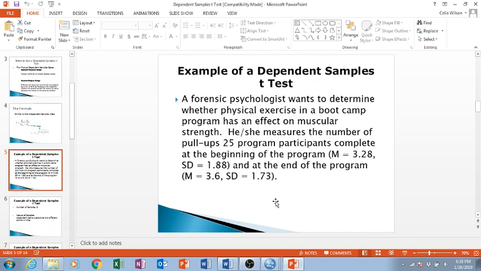Okay, so obviously in our mind we can see that 3.28 is different from 3.6, but what the dependent samples t-test allows us to do is say, yeah, there are differences, but they're not statistically significantly different, or the likelihood we would have gotten the mean difference we got if the null is true is pretty big, at least is bigger than our cutoff value, and so we're going to declare our null is probably true.